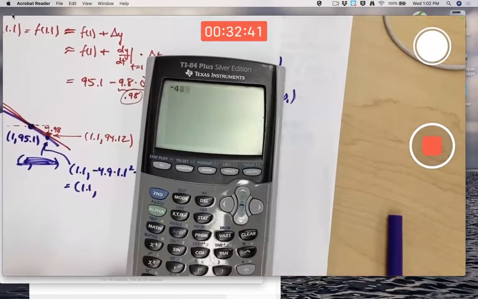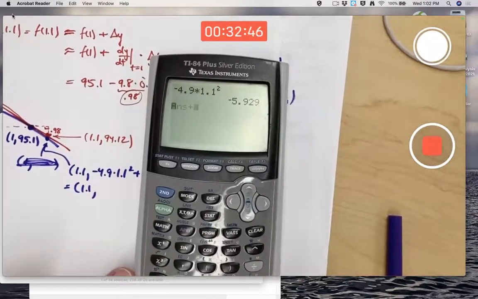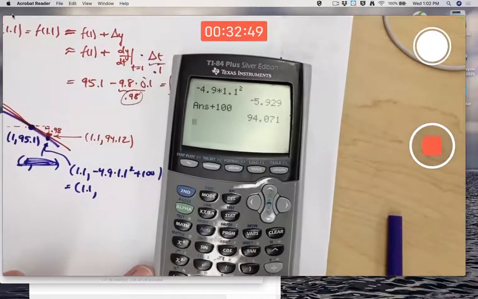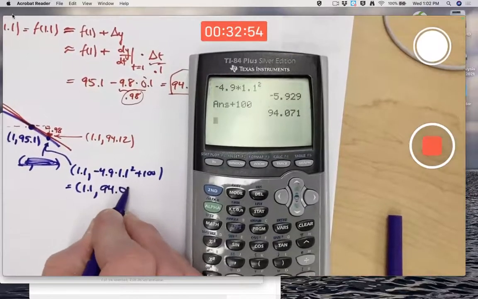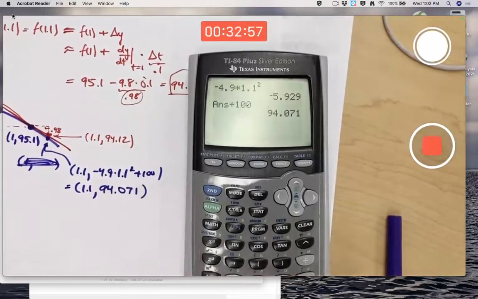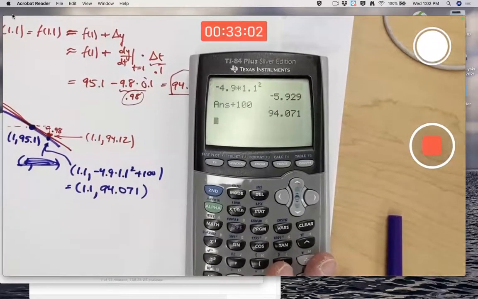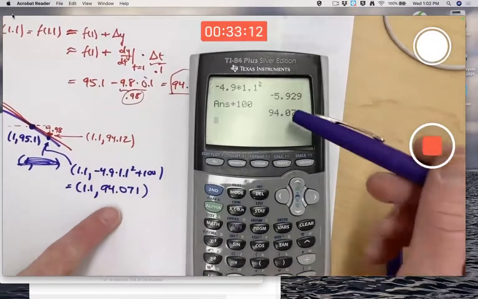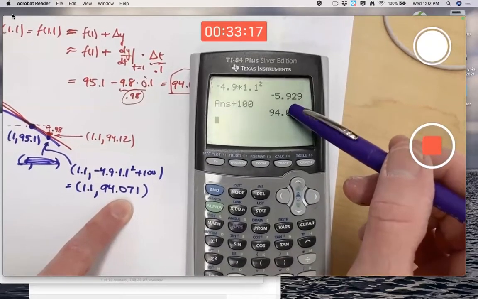Negative 4.9 times 1.1 squared plus 100, 94.071, is the actual height at time 1.1. The 94.12 is our approximation to the height at time 1.1. Am I being clear about the fact that, yes, doing what I just did on the calculator is the way to get the more precise, more accurate answer, you might say.